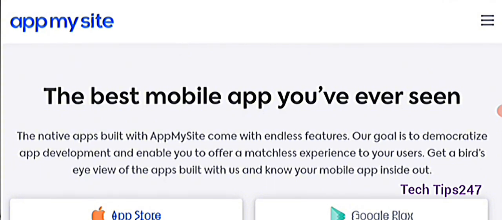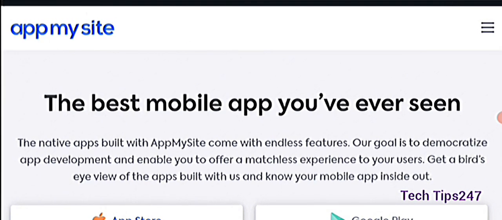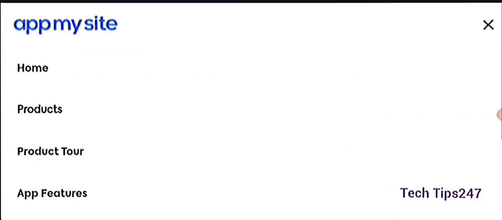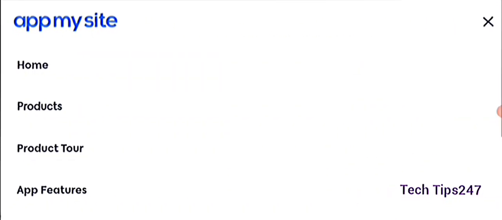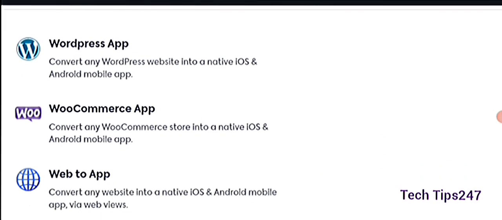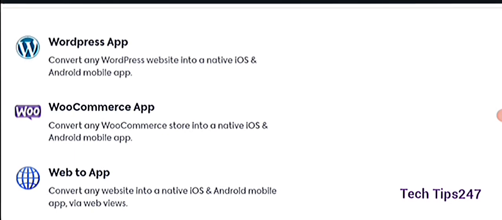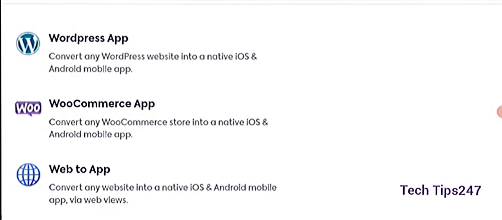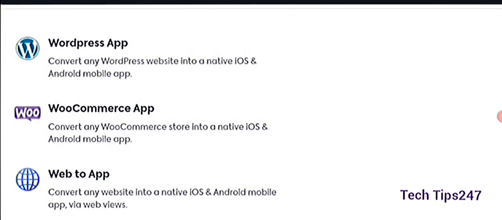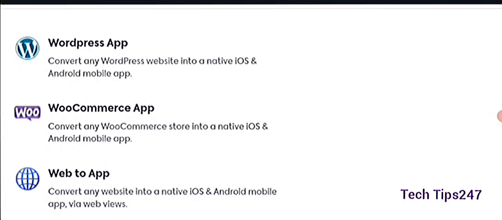So let's explore this site. Let me show you the features of this site and what you can use this website to do. See, if you go to the products now, you can convert any WordPress website into a native iOS, that is the App Store, and Android mobile app, that is the one you can submit on Play Store.